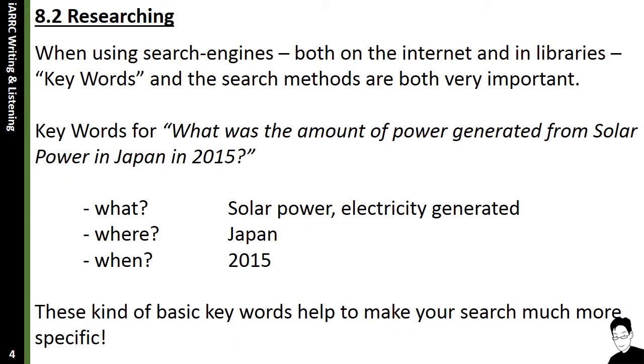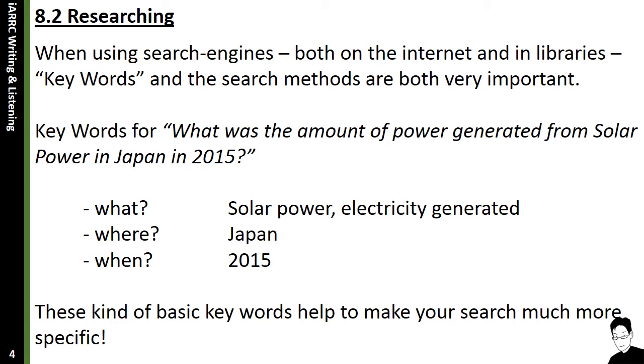So, when using search engines, both on the internet, such as Google and Bing, and in libraries to find the books that you are looking for, keywords and the search methods that you use are both very important. Keywords are the main words that you are looking for in the question that you are trying to answer.